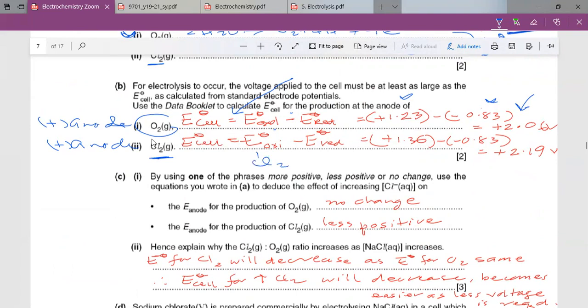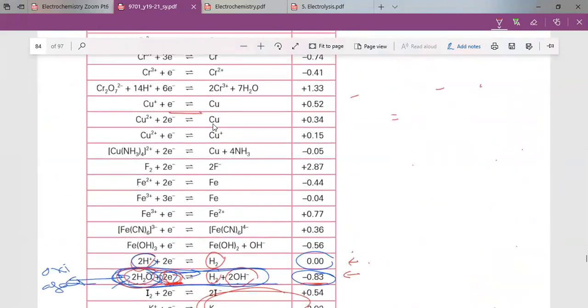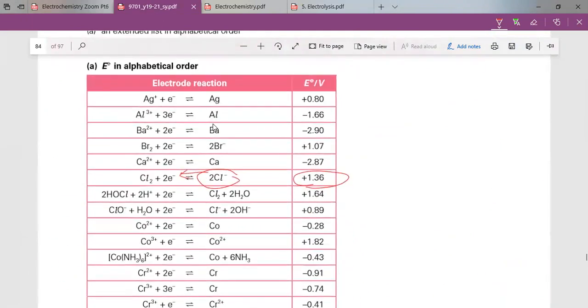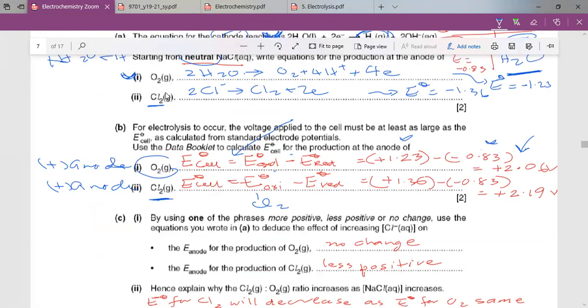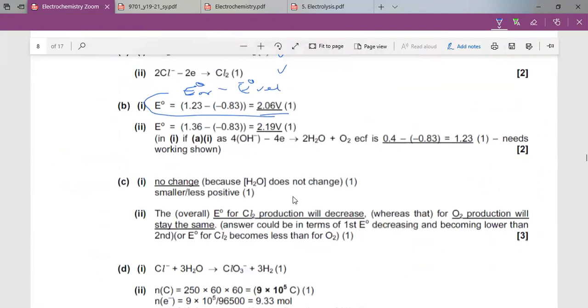The original E naught values. Even though it's going backwards, you call the original one positive 1.36. So it's positive 1.36. This is chlorine gas, reduction, same now for your water. You add them together, it's positive 2.19. So 1 mark each.